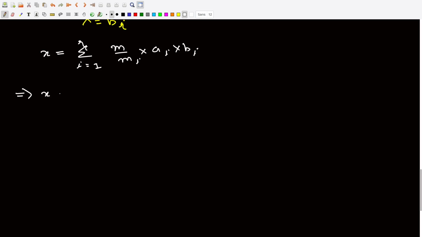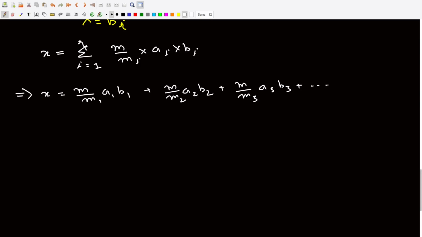This essentially means x equals m upon m1 a1 b1 plus m upon m2 a2 b2 plus m upon m3 a3 b3, dot dot dot, m upon mr ar br. This is the equation which is given to us.